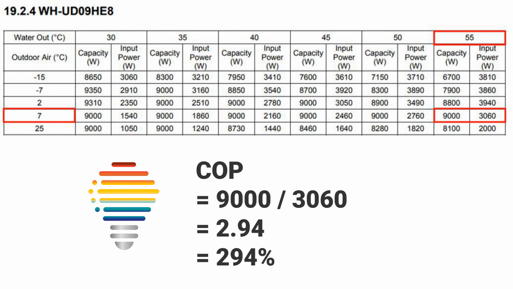At the same outdoor temperature and same heating capacity delivered, so 9 kilowatt at +7 degrees outdoor, if we increase our flow temperature in the system to 55 degrees, for the same amount of heat delivered, our input power is around 3 kilowatts, so 3.06 according to the table. When we divide 9 by 3.06, our COP is less than 3, so 2.94.